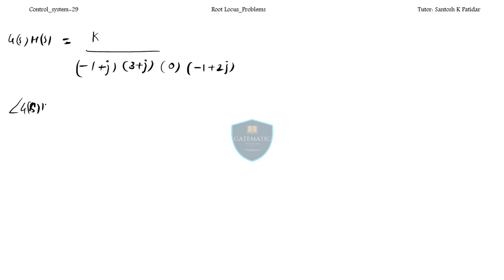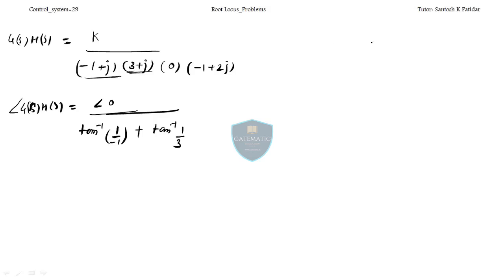G of S, H of S equal to, it's 0 angle provided in the numerator. In the denominator it will be tan inverse 1 by minus 1 plus. Why plus? Because angle will be added if the terms are in multiplication. So the second one is tan inverse 1 by 3. You know very well how to calculate A plus JB.